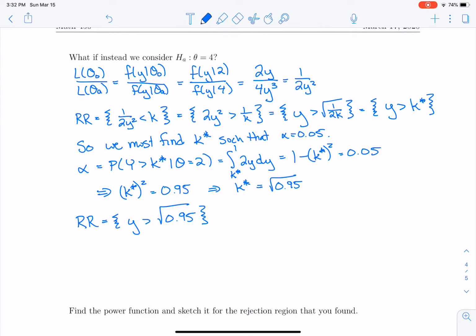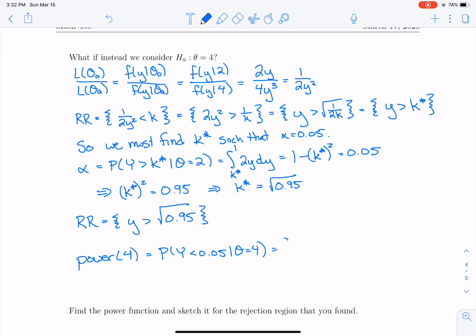Again, what is the power associated with that rejection region? So what is the power for the alternative theta equals 4?